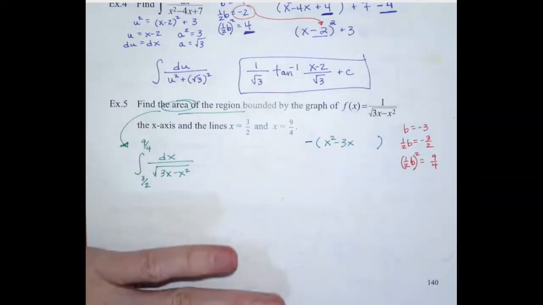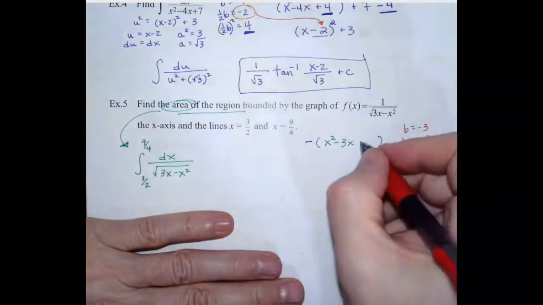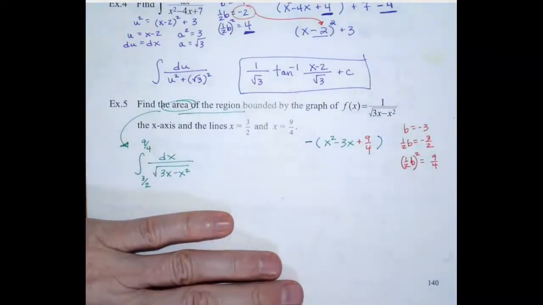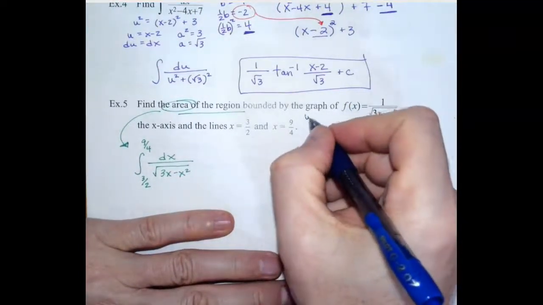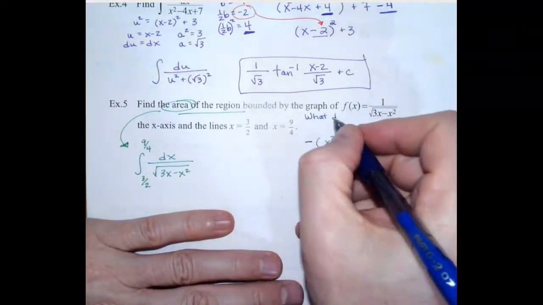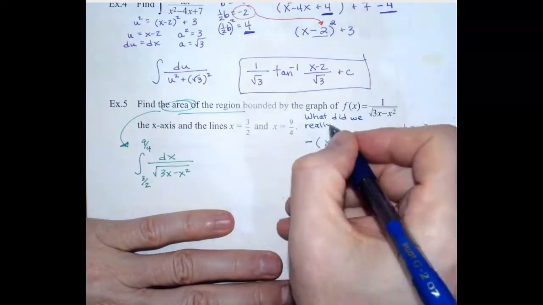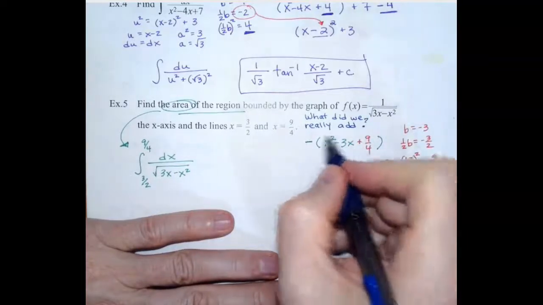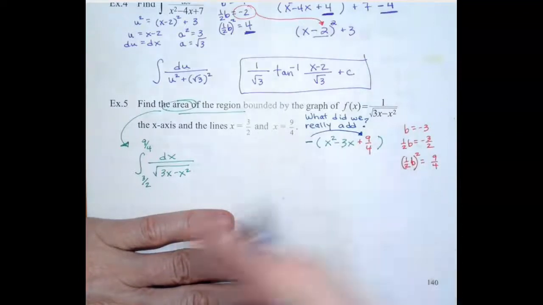Alright. I didn't really leave myself enough room here for what I'm going to need to do. But I'm going to add 9/4 in here, but then what I would do back when I was teaching Algebra 2 is I would say, what did we really add if we added a 9/4 in there? Actually, we added a negative 9/4.